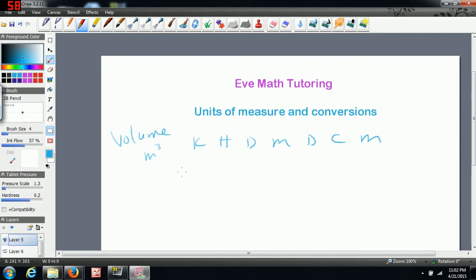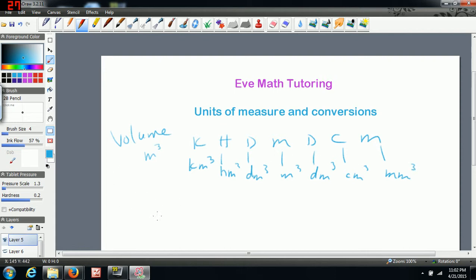So it's going to become kilometers cubed, hectometers cubed, decameters cubed, meters cubed, decimeters cubed, centimeters cubed, and finally millimeters cubed.